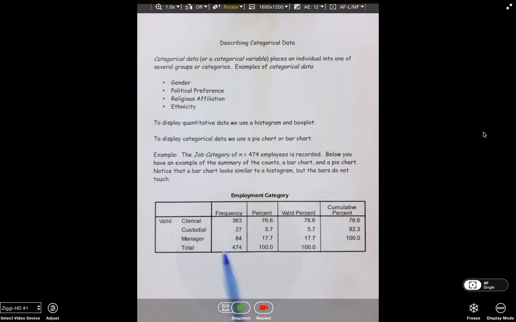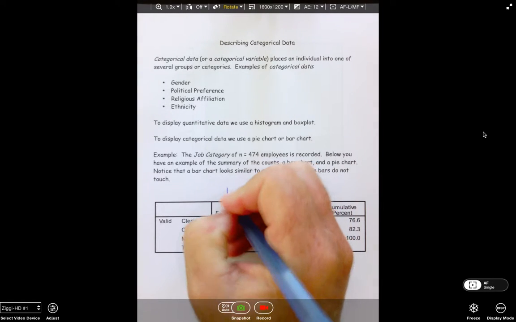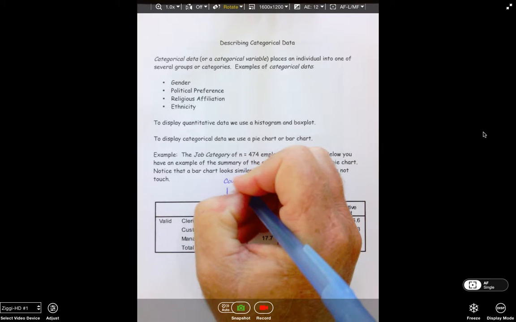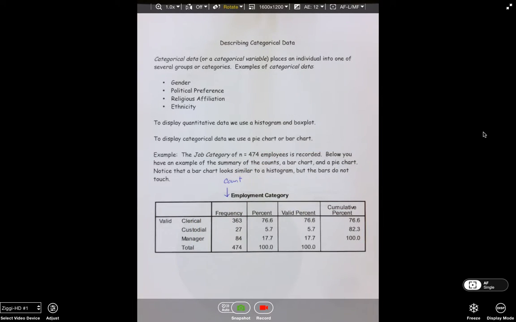So what we could do first of all is we could come up with the frequency. And guys, I referred to that earlier as the count. So there are 363 clerical, 27 custodial, 84 managers, which gives us a total of 427. Guys, this total of 427 stands for our N, which I referred to as our whole.